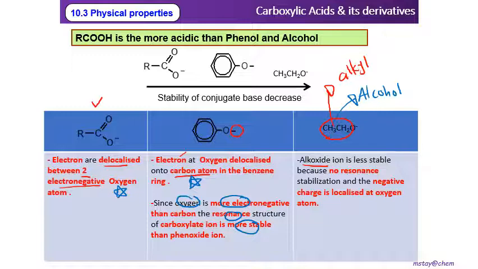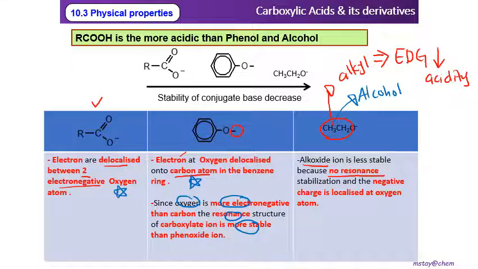It is less stable because there is no resonance effect. Besides that, the alkyl group also acts as an electron donating group. If you still remember in the chapter on phenol, we already discussed that an electron donating group will lower the acidity.